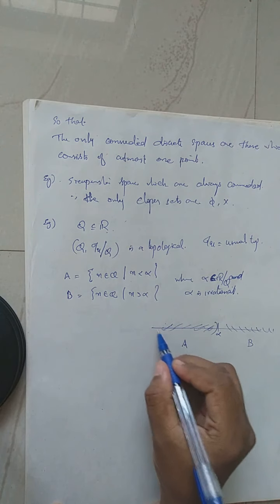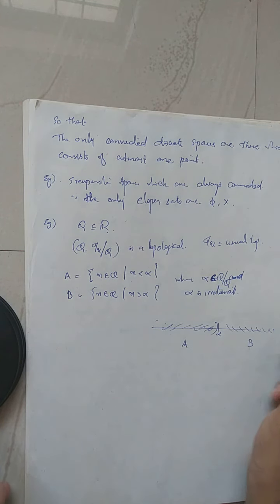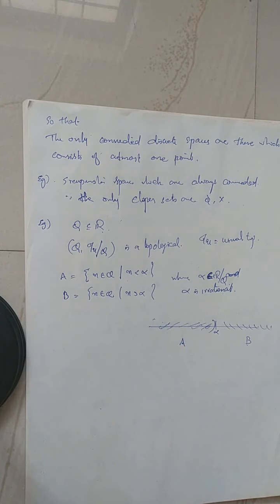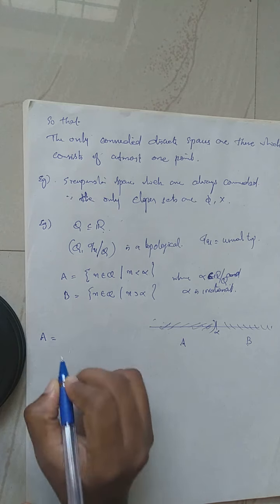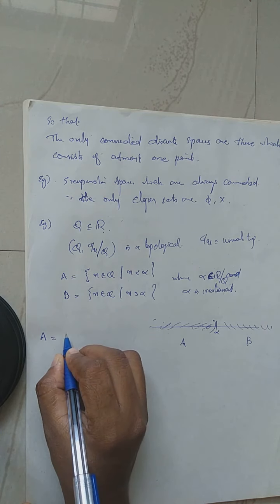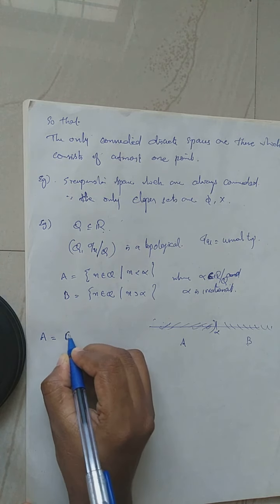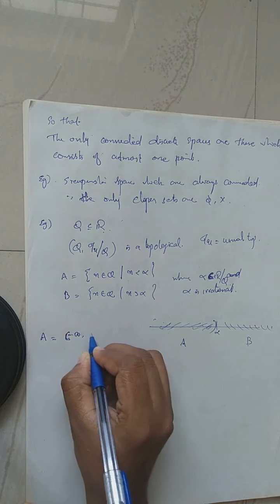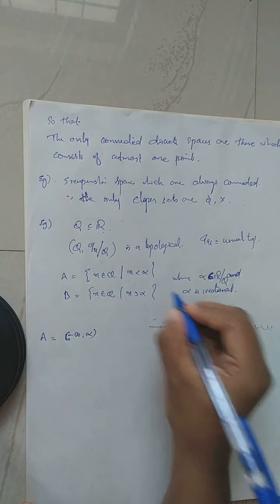So this will be A and this will be B. So what is A? Instead of alpha I can write some a.